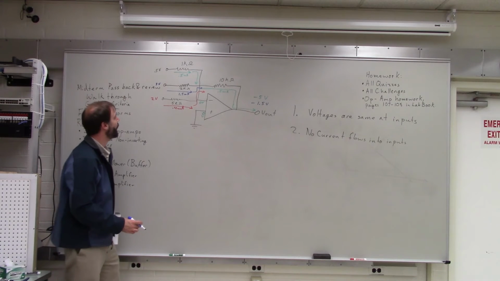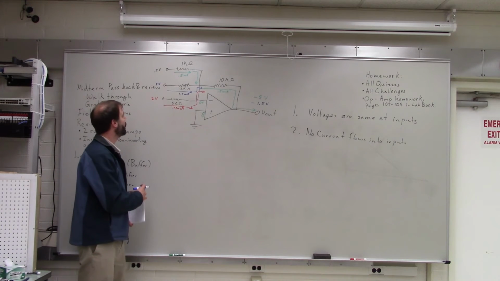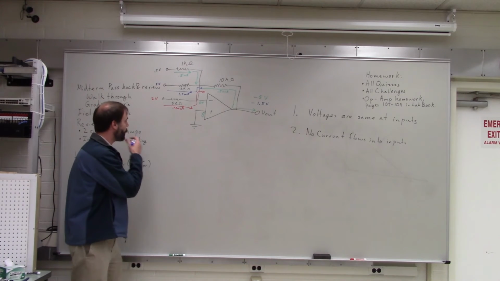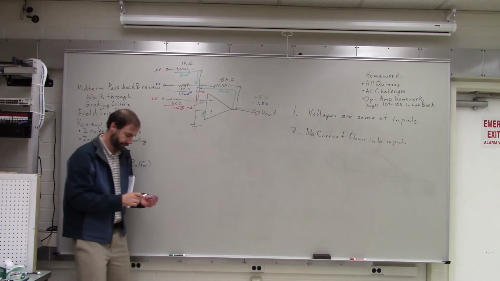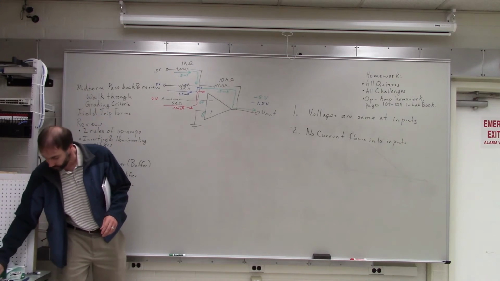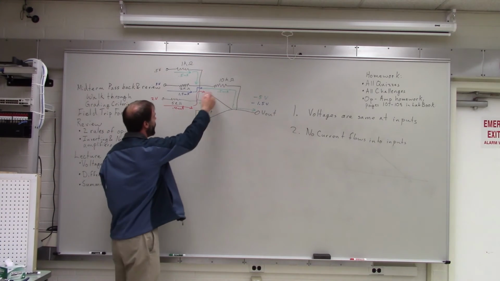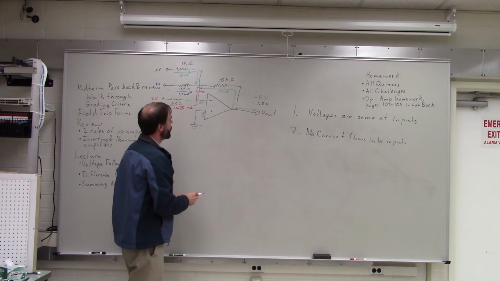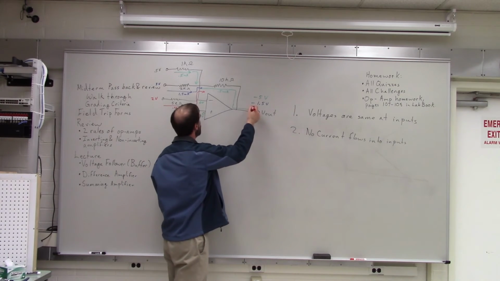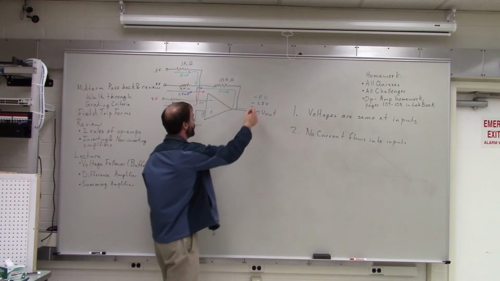And then if we just had the final one, then that would be an output voltage of 4 milliamps times 10 kilo ohms. So that would be an output voltage of minus 40.